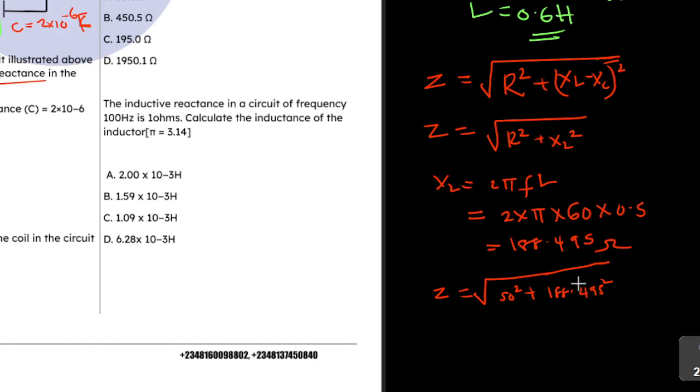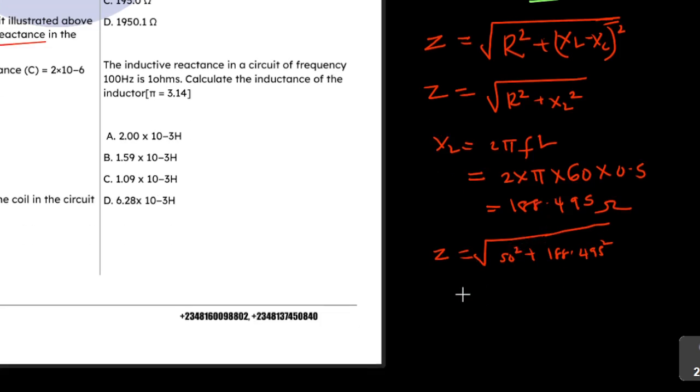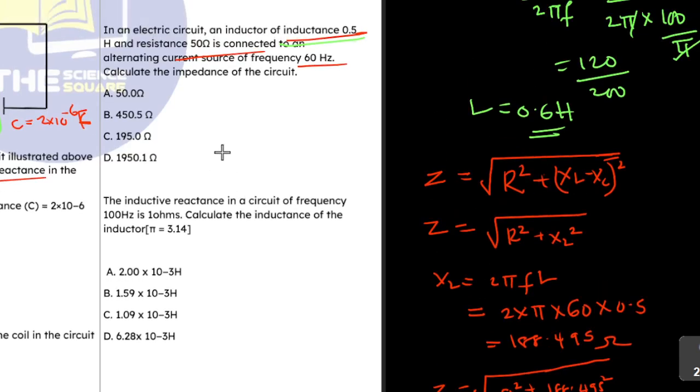So we got 195.014. So Z is computed to be 195.014, which is approximately 195 ohms as our impedance. And you will see that the correct answer here is option C, I guess. This is option C. So that's as easy as that.